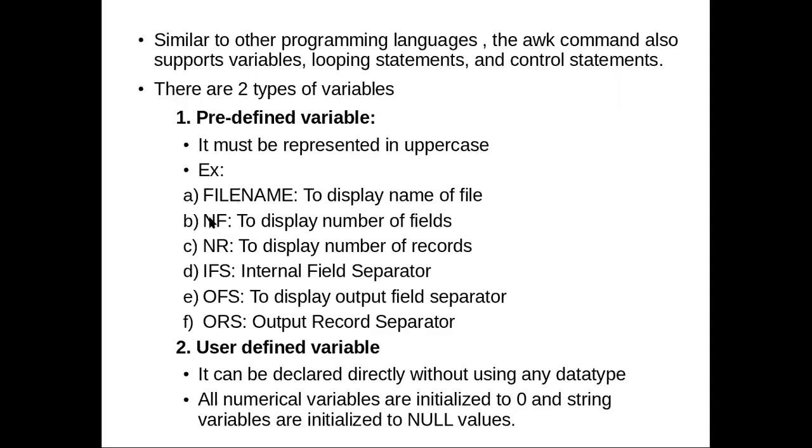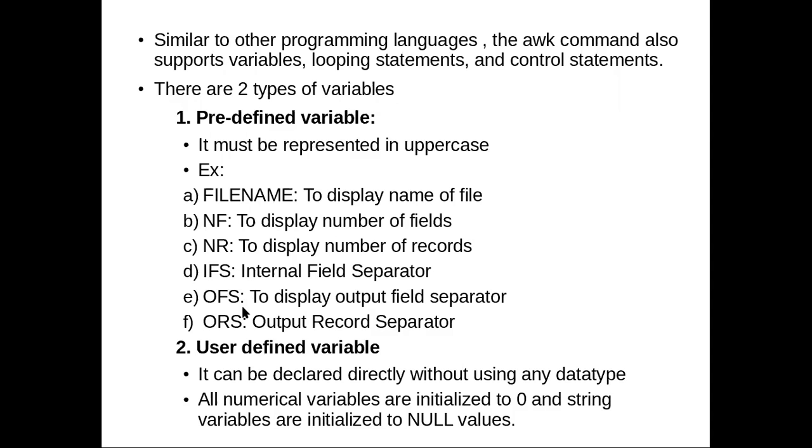That is the NF variable. NR variable will tell how many records or how many lines are there in the file. That is NR. Then internal field separator means what? From the file you are reading the data, the symbol you have used to separate each field is represented by the internal field separator.